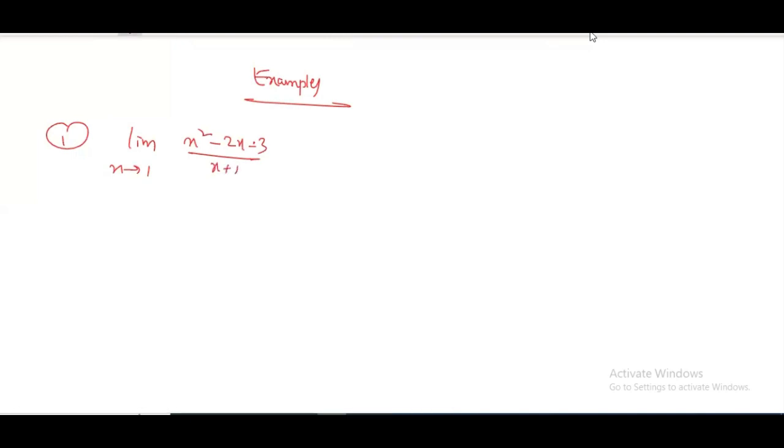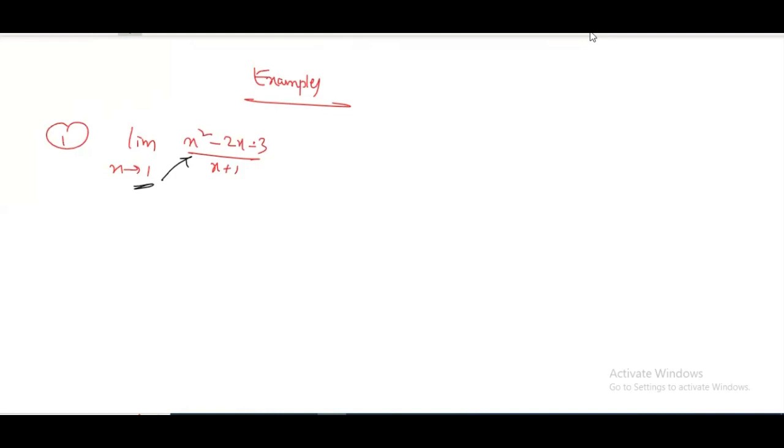Here I'll solve a few small examples to understand how to find the limit of a function. First example: find the limit as x tends to 1 of x square minus 2x minus 3 by x plus 1. Whenever you want to find the limit of a function, first of all you should substitute the x value directly in the given function. Sometimes you will get a direct answer, sometimes you will get an indeterminate form. When you get an indeterminate form, what we should do, I will discuss later.